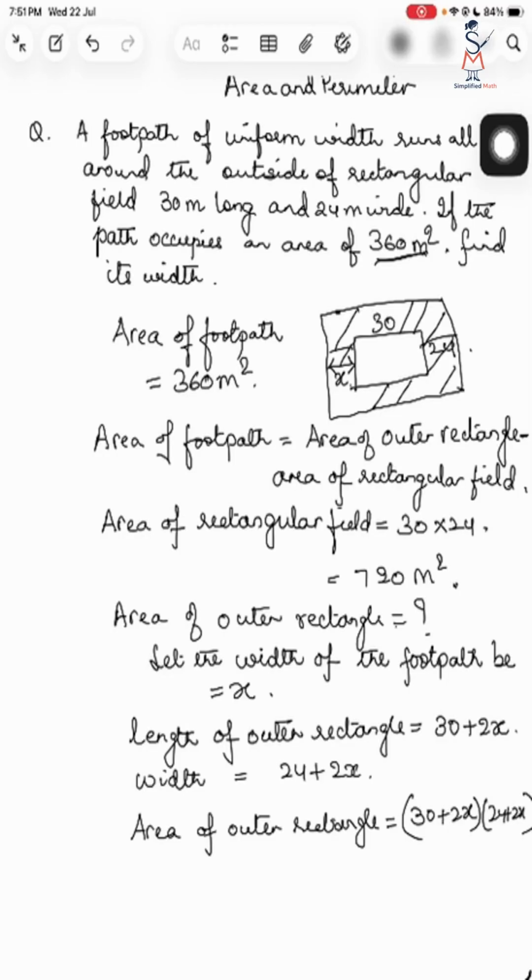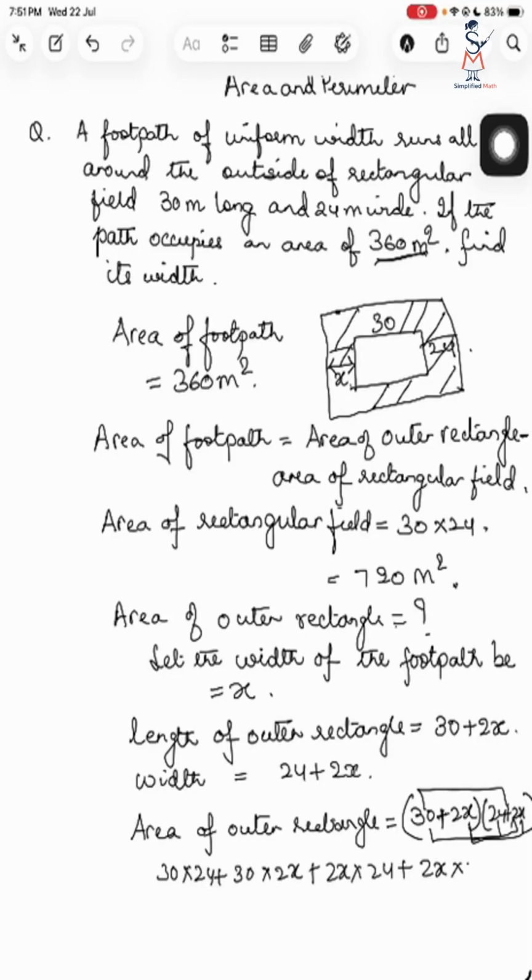So how will we do? We'll multiply 30 with 24, then 30 with 2x, then plus in between 2x with 24 and 2x with 2x.